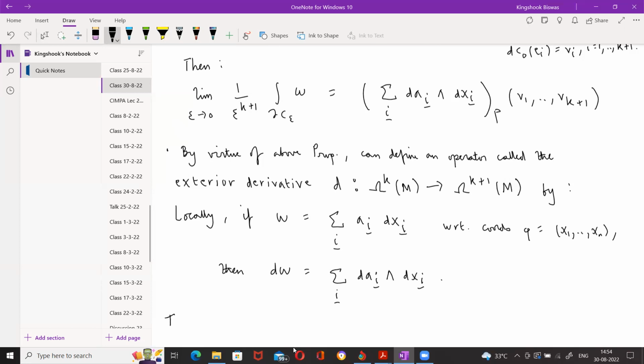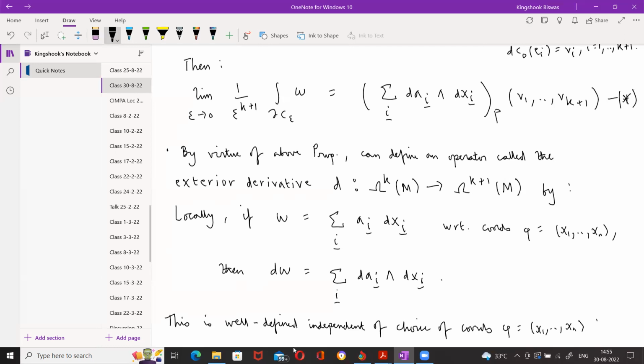So this is well defined, independent of choice of coordinates phi equal to x1 to xn. Because of this equation here. Let me call this star.